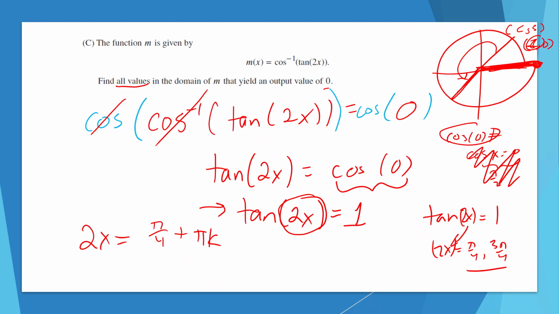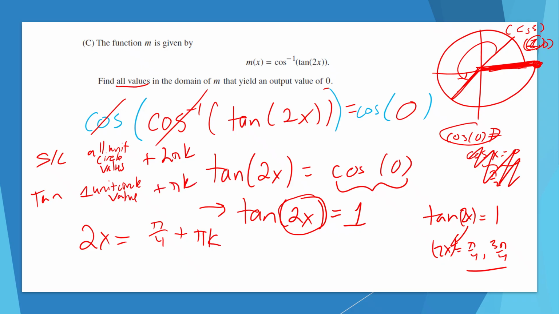Once we have this equation, so remember, for sine or cosine, you're going to need all unit circle values for general solutions, plus 2 pi k. For tangent, you're just going to need one unit circle value plus pi k. So that is an important difference between a sine and cosine general equation or a tangent general equation like the one we have there.